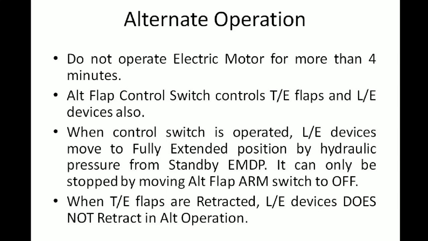So when you operate the control switch, the leading edge devices move to fully extended position by hydraulic pressure from standby EMDP. You can stop the leading edge devices only by moving the alternate flap arm switch to off. When trailing edge flaps are retracted, the leading edge devices do not retract in alternate operation.